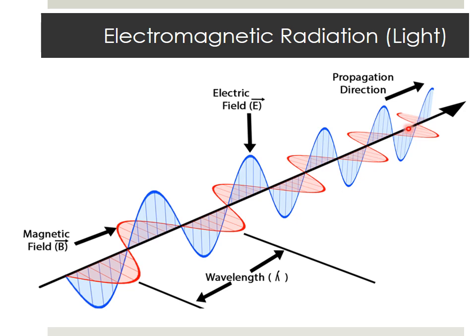So electromagnetic radiation has different properties, and one of the important properties is wavelength. Wavelength is represented by the letter lambda, and it is the distance between two adjacent troughs, or the distance between two adjacent crests.